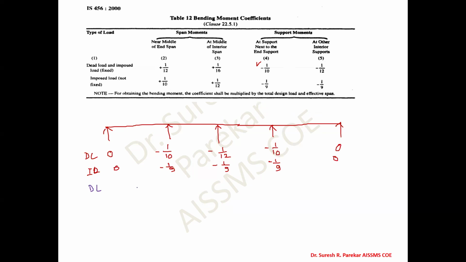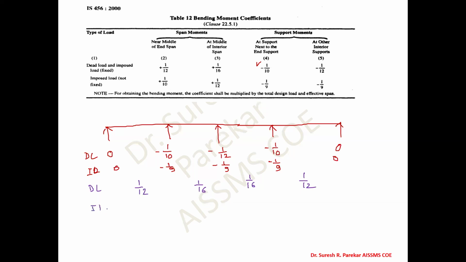So you can see we have near middle of end support 1 by 12, at middle of interior 1 by 16, means we have this value 1 by 12, we have 1 by 16, 1 by 16 and 1 by 12. And then these are for dead load.